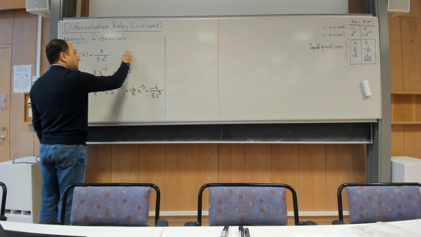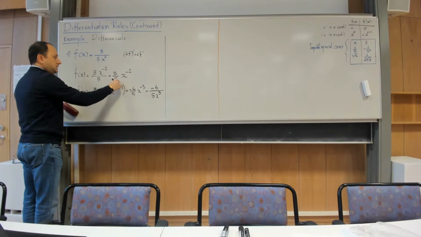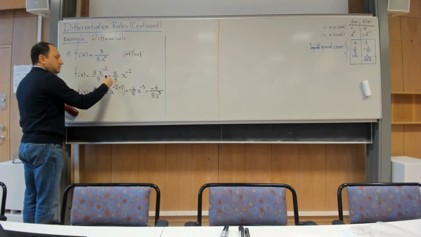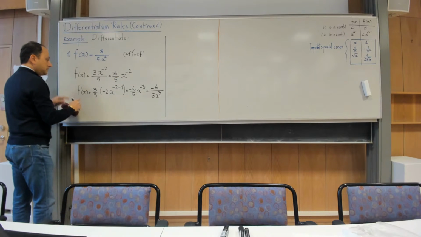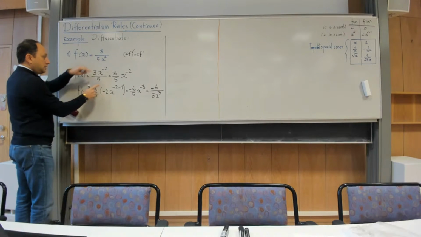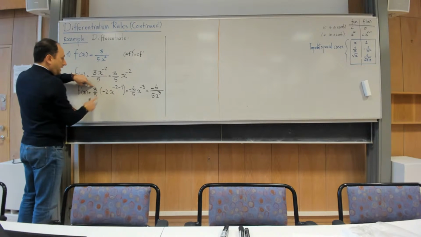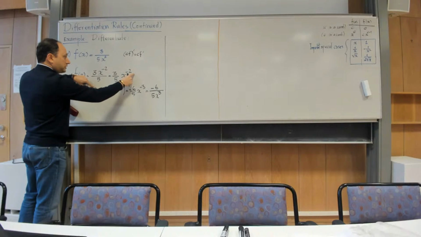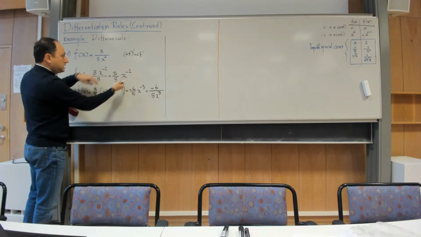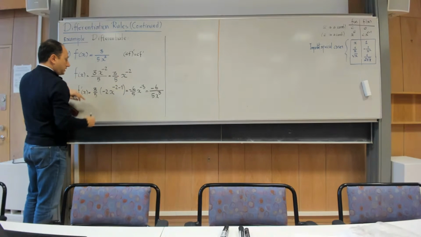C times f prime is equal to C f prime. So this is a multiplicative constant prefactor, and then this is x to the power of minus 2. When I want to take the derivative, I need to keep this number as it is, exactly like here, and then concentrate on differentiating this part. Differentiating this part means minus 2 should go down, and then I need to write x to the power minus 2 minus 1.